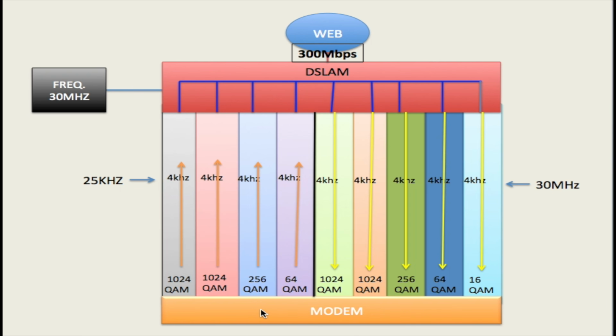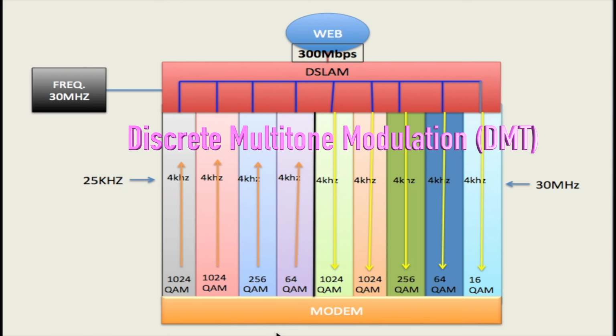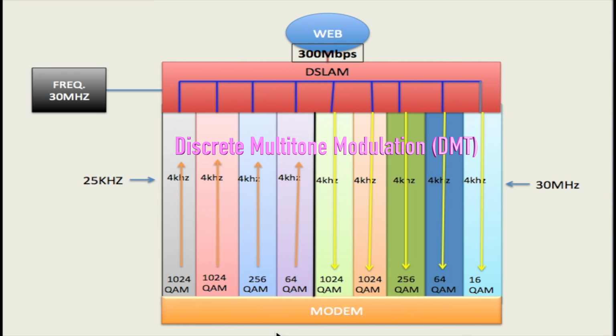So at this point, the modem would be ready for data to be sent from the internet through to each one of these channels to the modem, and also to send back from the modem back to the DSLAM. This whole process that we've talked about is called Discrete Multitone Modulation. It's abbreviated as DMT, Discrete Multitone Modulation.